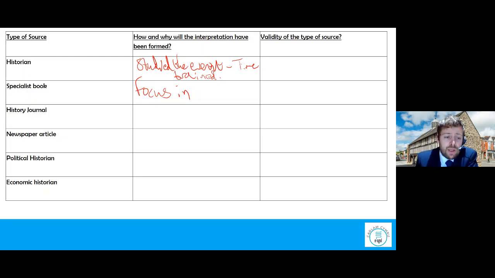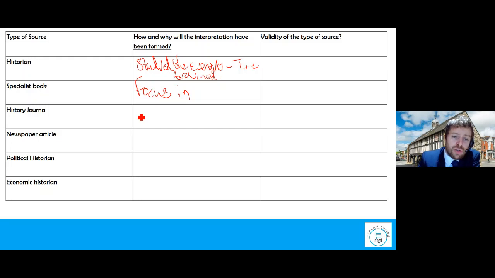But nonetheless, I'm giving you a general idea here. The specialist book will focus in on the events. Depends what it's specialist in, but the interpretation in the exam will almost certainly tell you if it's a specialist book or what it's a specialist on. So again, it adds to the validity of that source. That historian is more of a specialist. So a bit of a compliment, isn't it, to call someone a specialist?